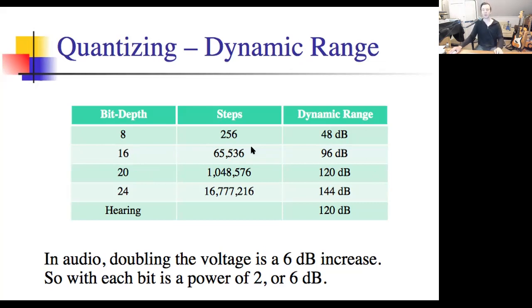And you'll notice that that is not just a doubling to go from here to here, right? It is significantly more. It is, in fact, 256 times more. That's pretty cool. And that gives us 96 decibels, which is pretty much the range of human hearing.